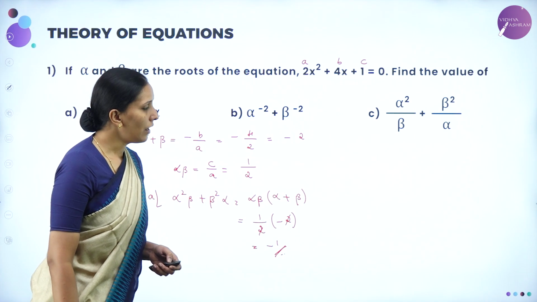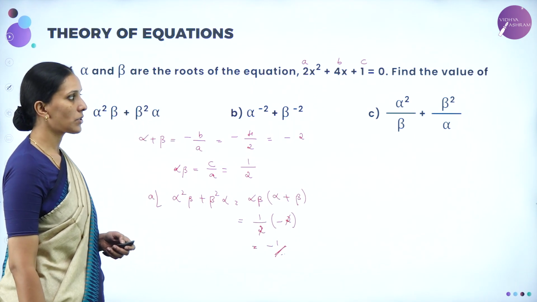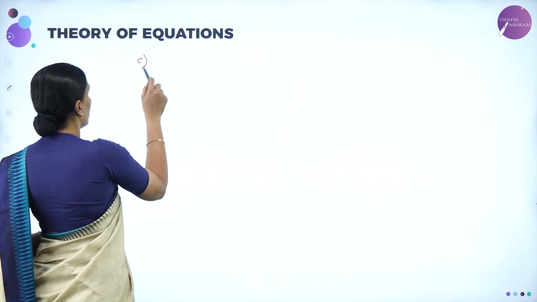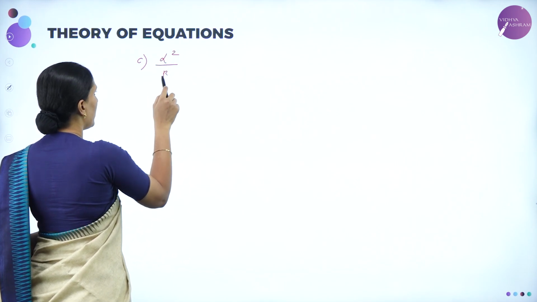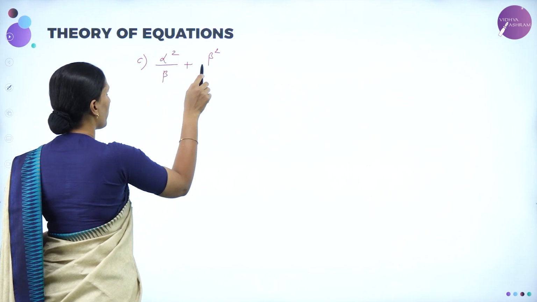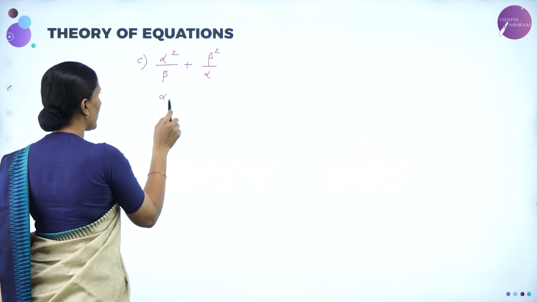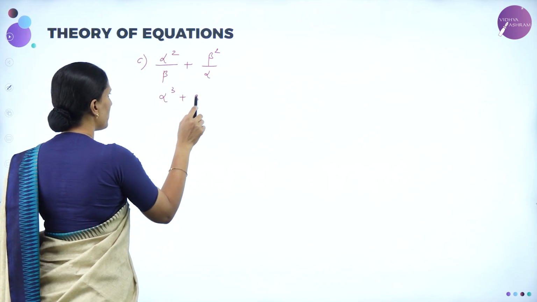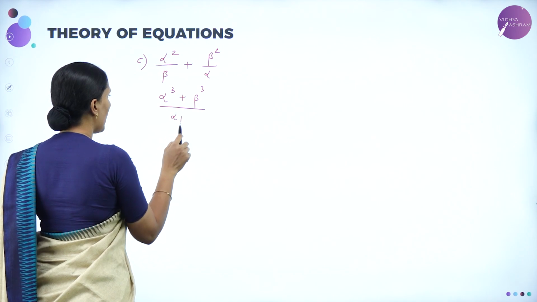Next we have alpha square by beta plus beta square by alpha, which can be written as alpha cube plus beta cube divided by alpha beta.